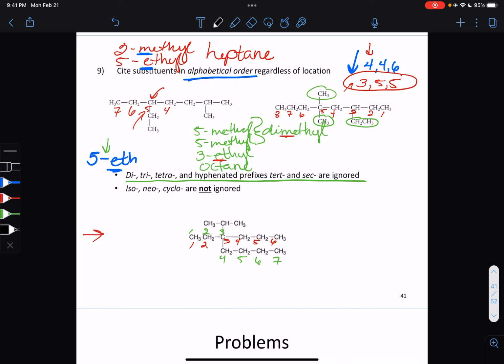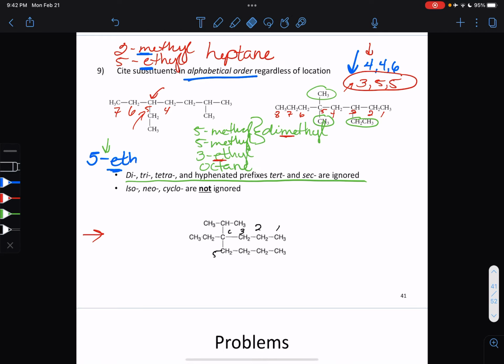Or 1, 2, 3, 4, 5, 6, 7, 8. Ooh, we found a longer one. So we're going to erase red and green because those are 7-membered parent chains. Okay, 7 carbon parent chains. And we found an 8.